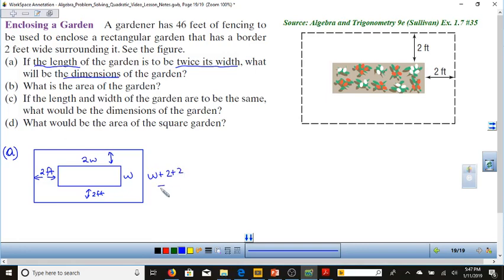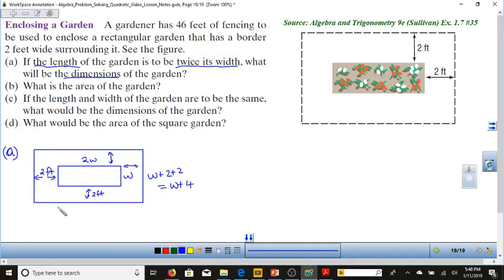In other words, if we're looking only at the fence, the width side is W plus 4, and the length side is the same deal. 2 feet going to the left, 2 feet to the right, and then the length is 2W.